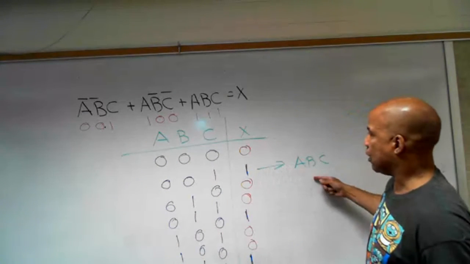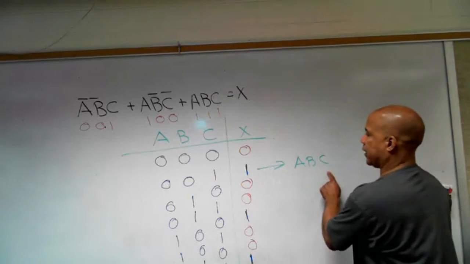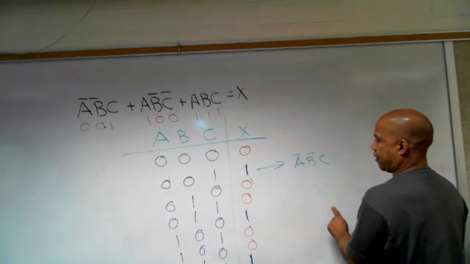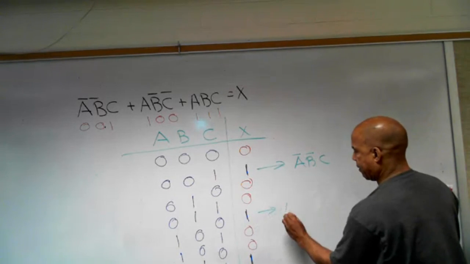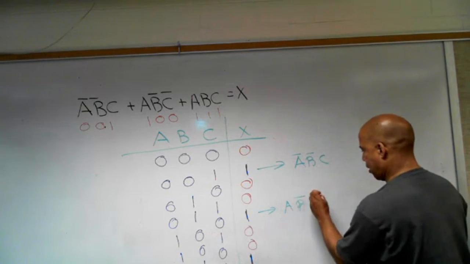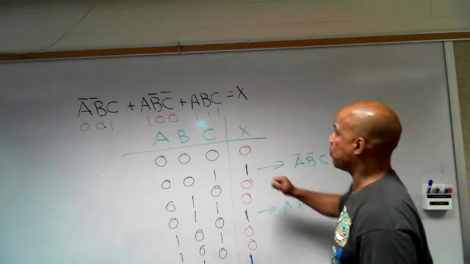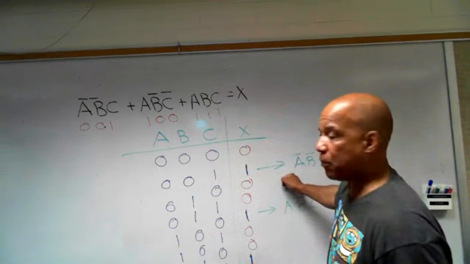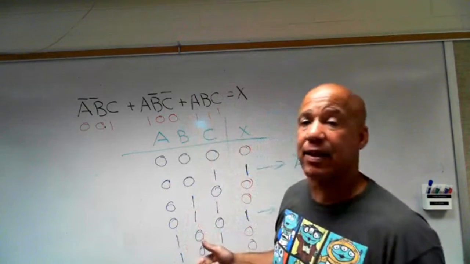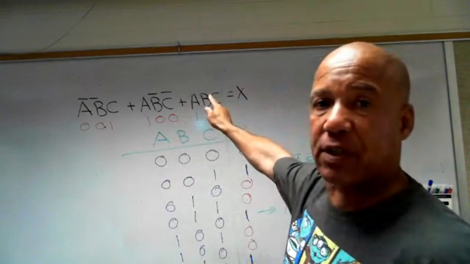If I go to where my 1s are, A, B, C, since these are zeros, I know I got a bar there and a bar there. Or like right here, since these are zeros, I know I got a bar there. So given the expression, I can get the truth table, or given the truth table, I can go back to the expression. And I can get the opposite expression of this.